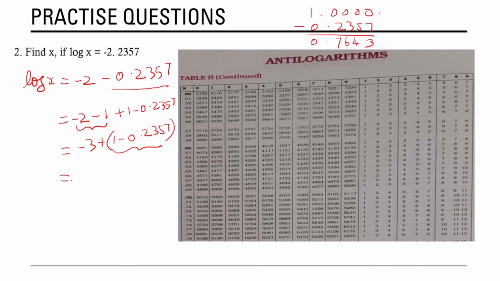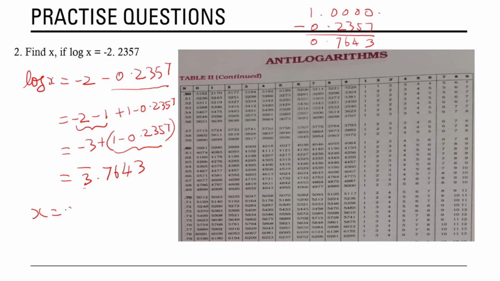So this is bar 3.7643. Here I am writing bar 3 because only this 3 is negative and 0.7643 is positive. Now I can find the antilog. So x is equal to antilog of 0.7643 into 10 raised to minus 3.